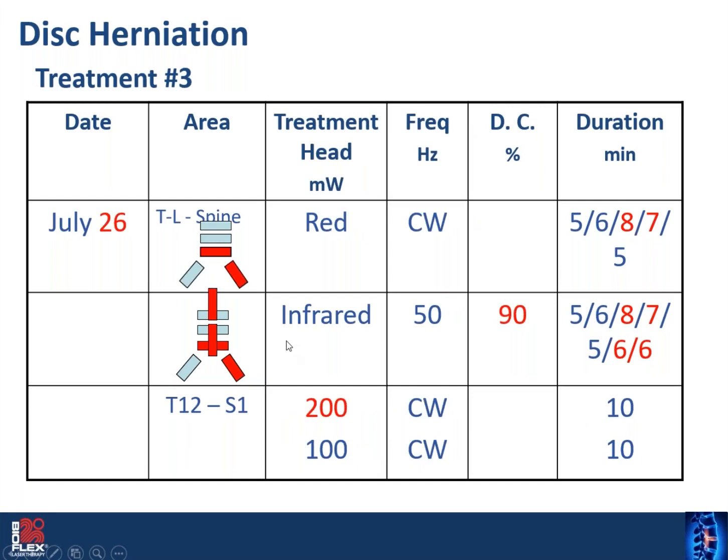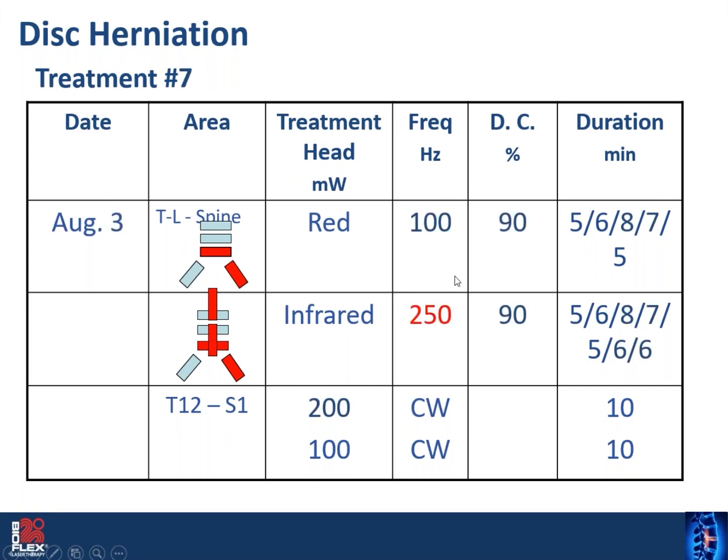And then as treatment progressed, you can see that we started to increase the duty cycle of the dual array. We increased the power of the LDI 200 to 100%. Sorry, that should be 100%. And then again, as treatment progressed, we started to pulse out the red a little bit. And then we started to increase the duty cycle substantially of the dual infrared up to 250.